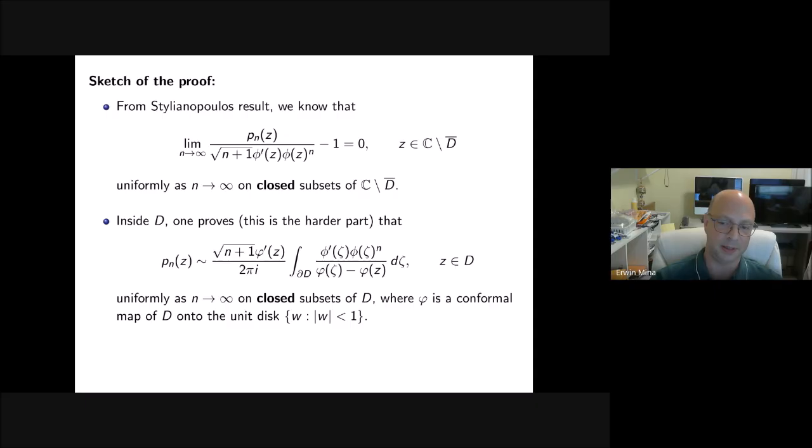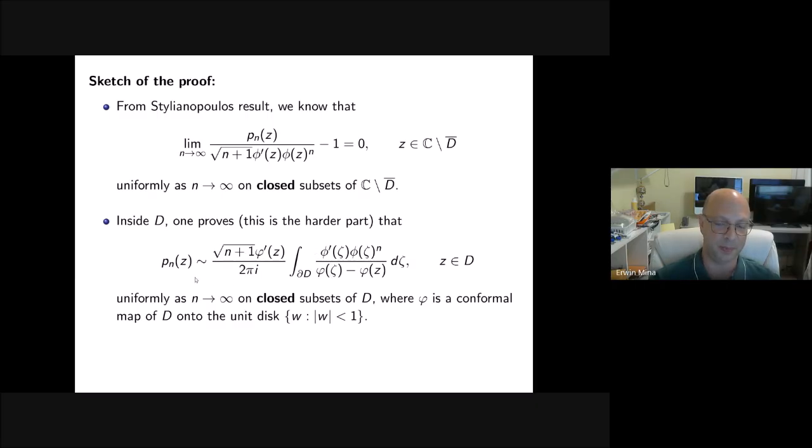The problem with this integral representation is that it not only involves the exterior conformal map phi, but also a new phi, which is an interior conformal map, one that takes the domain of orthogonality conformally onto the unit disk. So you have an interplay between two conformal maps, the exterior conformal map phi and the interior conformal map phi.